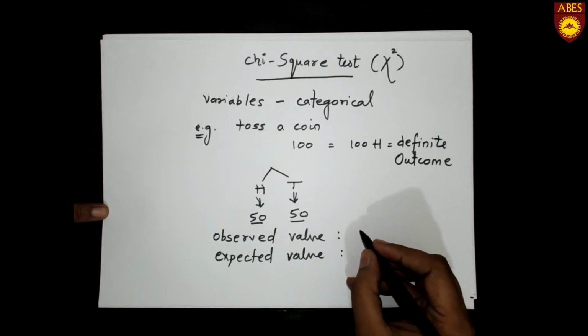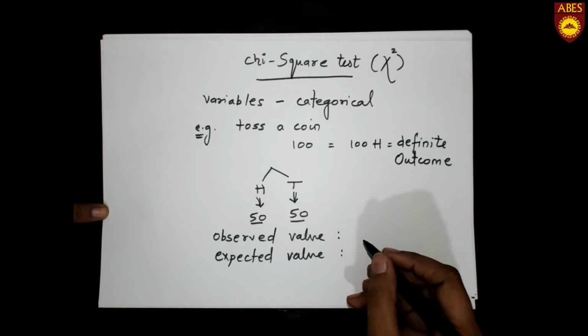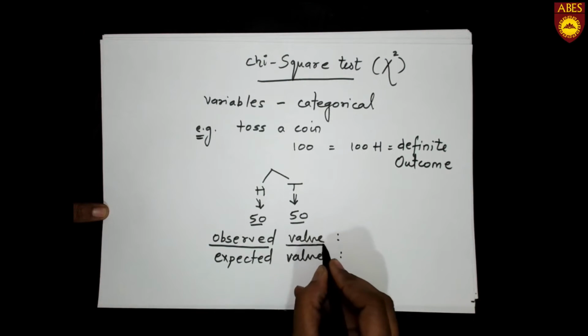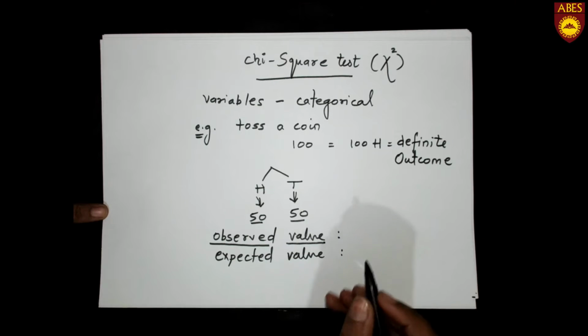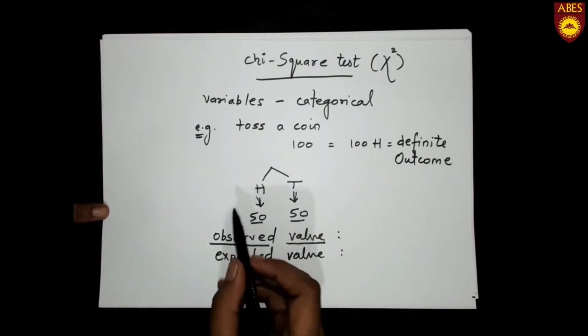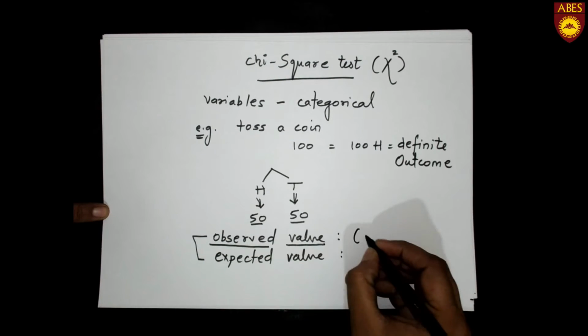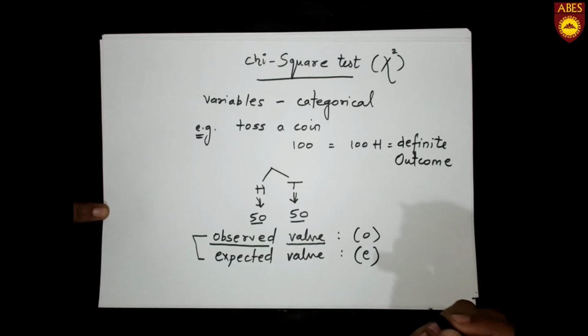But when I actually perform this experiment, the value will differ, and that comes under the category of observed value. The chi-square test basically shows the dependency upon my O and E values, which signify observed value and expected value.